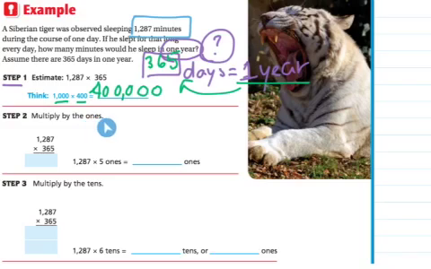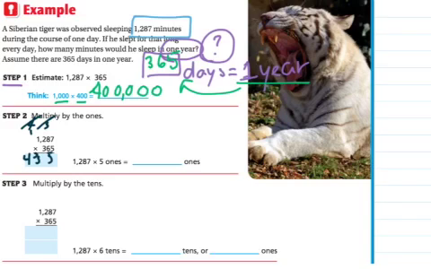Step 1, multiply the ones. So 7 times 5 is 35. And I'm going to regroup the 3. 8 times 5 is 40, plus the regrouped 3 is 43. And then we have 2 times 5 is 10, plus the regrouped 4 is 14.